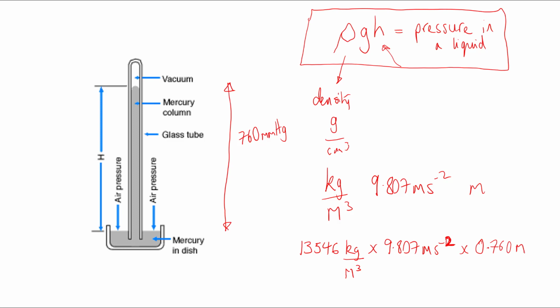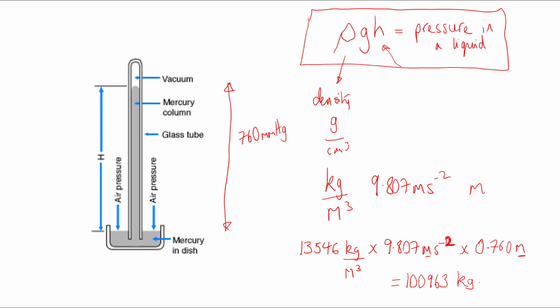So that comes out to be equal to 100,963. And the units there would be kilograms. We could write it as kilograms per meter per second squared. If you go through, we've got 2 meters on the top here, and we've got a meters cubed in the bottom. So we could write that as kilograms per meter per second squared.